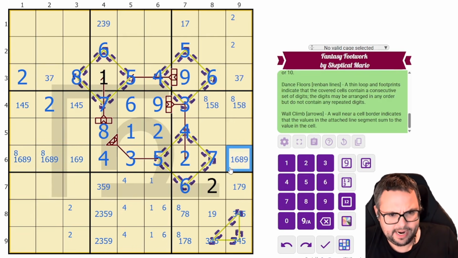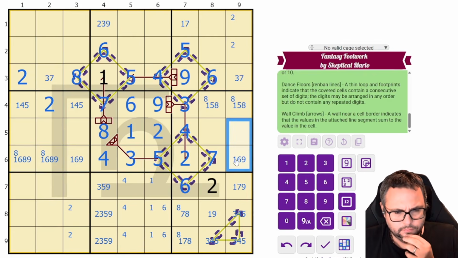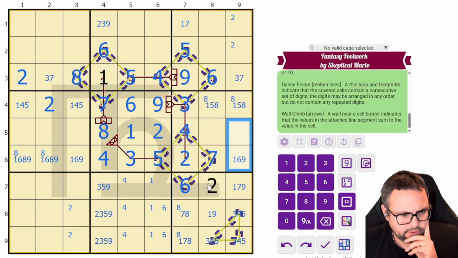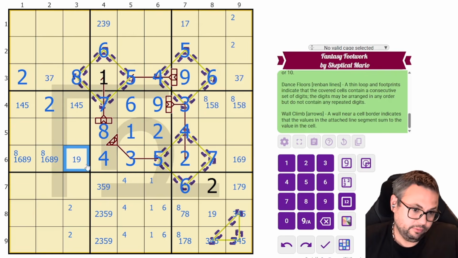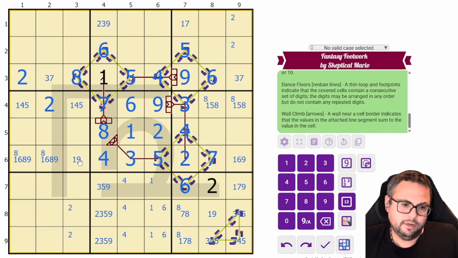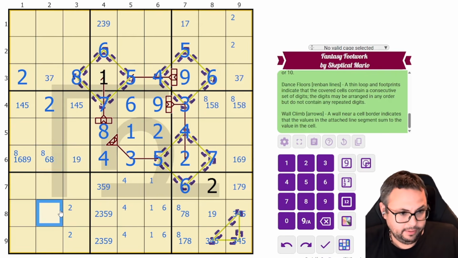It's not an 8. This one's not an 8 either. One of these two is a 6. I don't think that does much. This one's not a 6 because it's next to a 4, you see. So that's a 1 or a 9. So this one's not a 1 or a 9. There we go. That's the kind of thing that you hope to see.